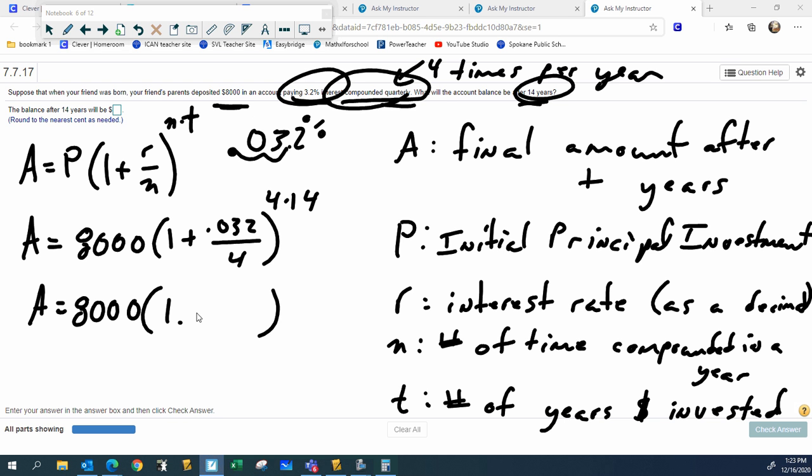So I go 1.008 right there, and then I do 4 times 14, so that's 56. Okay, and then I just type this into my calculator. Maybe I'll do the 1.008 to the power of 56 to begin with.